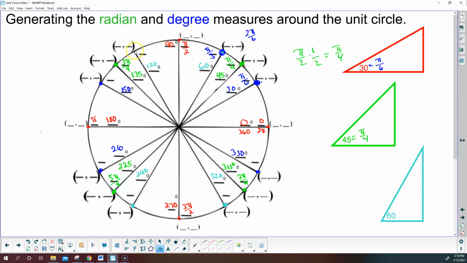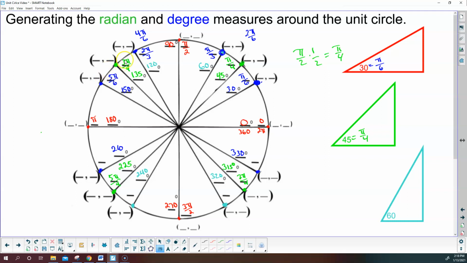So the next one would be considered 4 pi over 6, but that can be reduced, so that's actually 2 pi over 3. And then if I go another pi over 6, this would put me at 5 pi over 6.